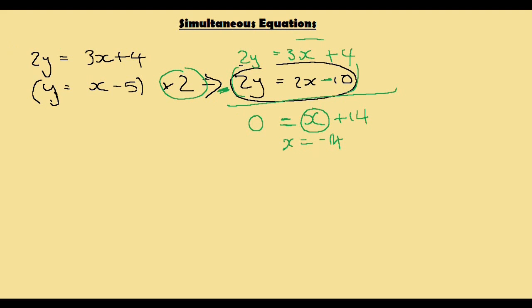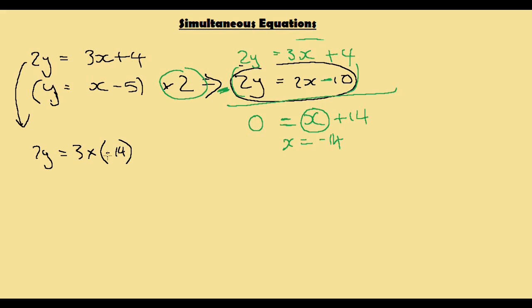So hopefully, if we've done our sums correctly, this is going to work for both equations. So you can actually just choose one equation to then go and calculate the value of y. So I'll do the harder one first of all, is 2y. So 2y equals 3 times by x. X is minus 14, so I'll just put the minus 14 in brackets.